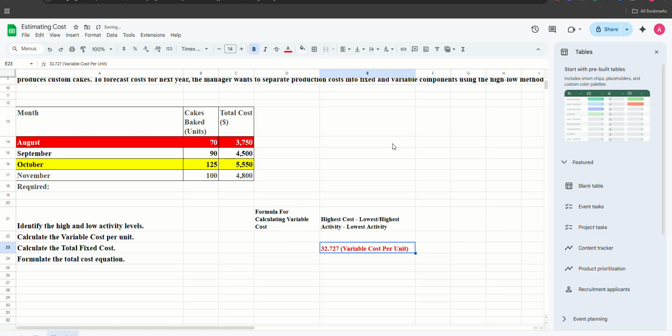Now let's calculate total fixed cost. For calculating total fixed cost, you need to use the equation.